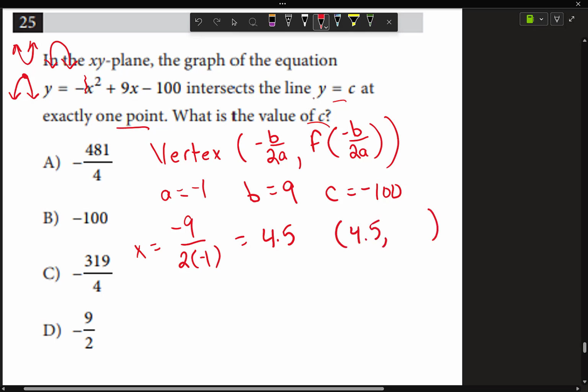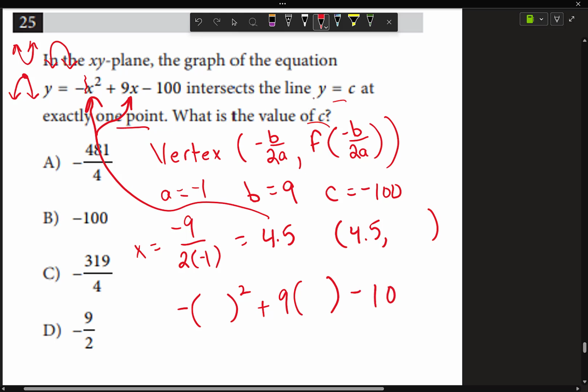And here's where we will need the calculator. So that's the x-coordinate of the vertex. We're going to take that number and substitute it for x here and here. So everywhere you see an x, replace it with an empty parenthesis. And I'm going to go back and fill in the 4.5. Next.